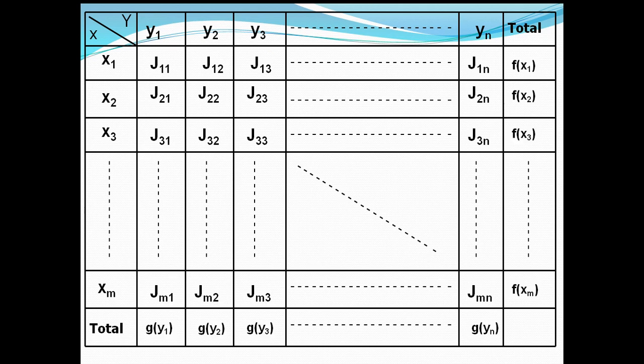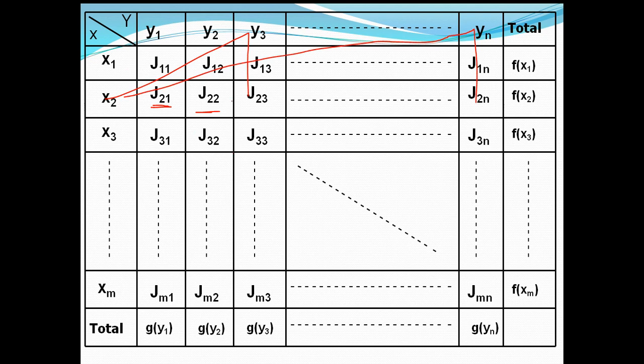So these are the elements in the joint distribution. These elements are important when we solve problems. How do they represent? x2, y1 represents j21, x2, y2 represents j22, x2, y3 represents j23, and so on, x2, yn represents j2n.